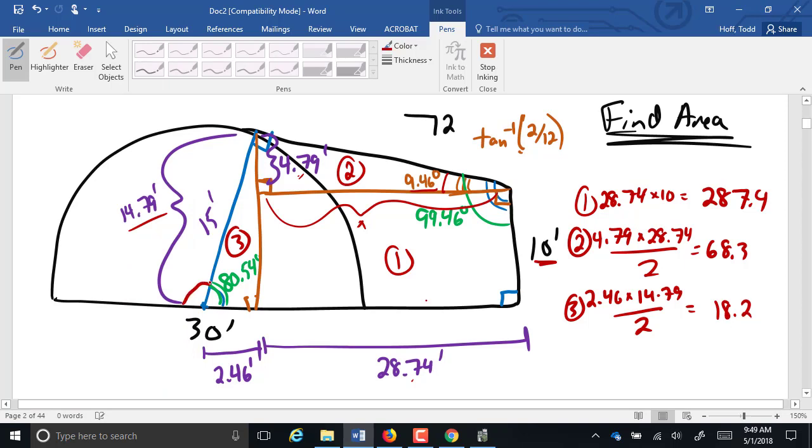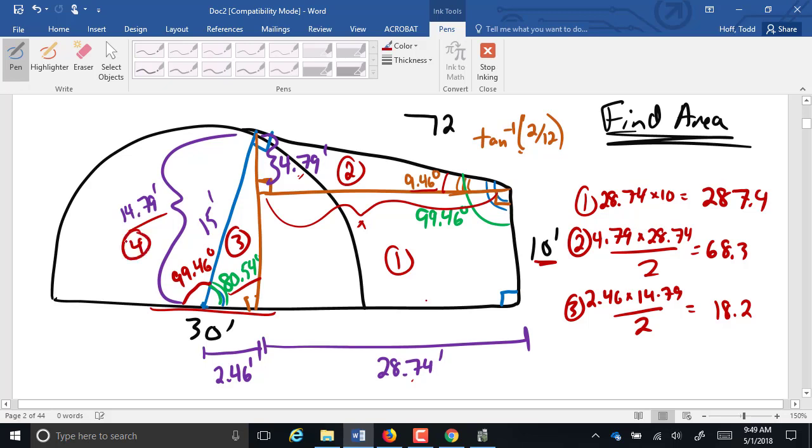And then over here, this angle is 279.46 degrees, correct? No. 99.46. You subtract from 180. I subtracted from 360 the first time. It's 180 across here, you subtract the 80.54.